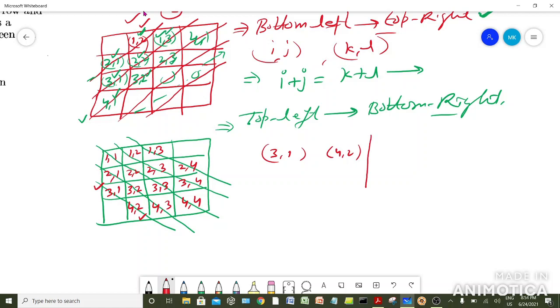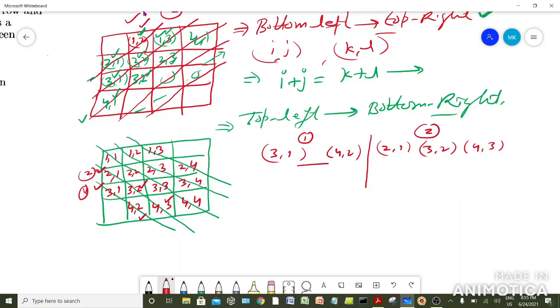Then pick this one: 2 1, then this 3 2, and this 4 3. This forms this diagonal. This is diagonal number 1, this is diagonal number 2, suppose. So these are the arguments for diagonal number 1 and diagonal number 2, which show that queens are diagonally facing each other.